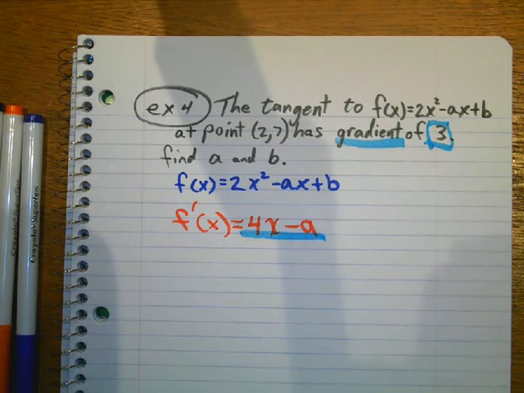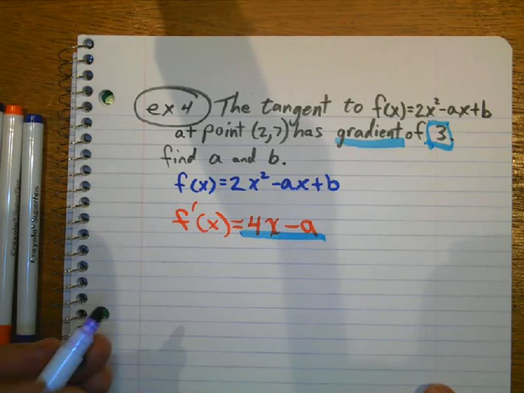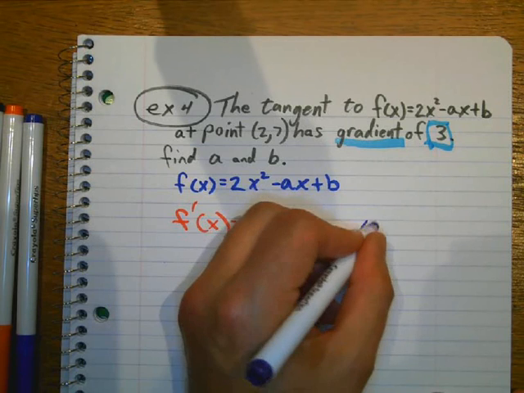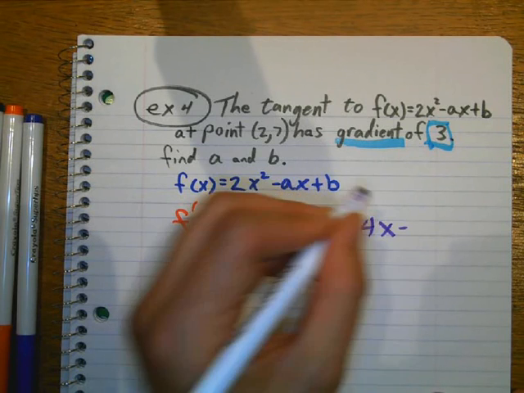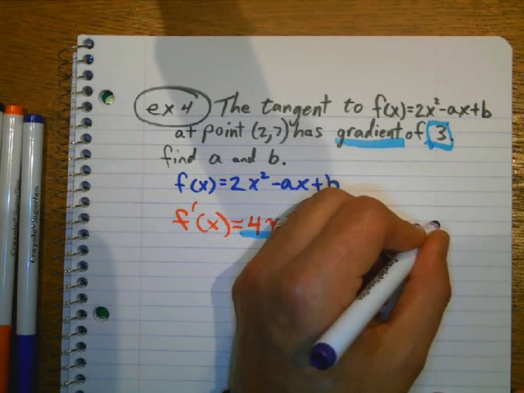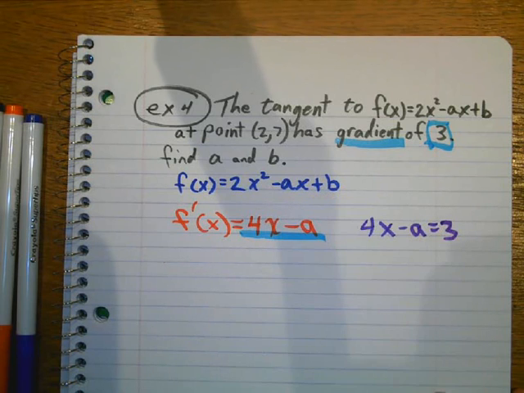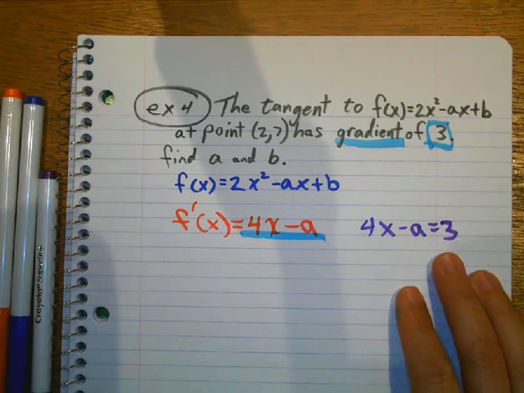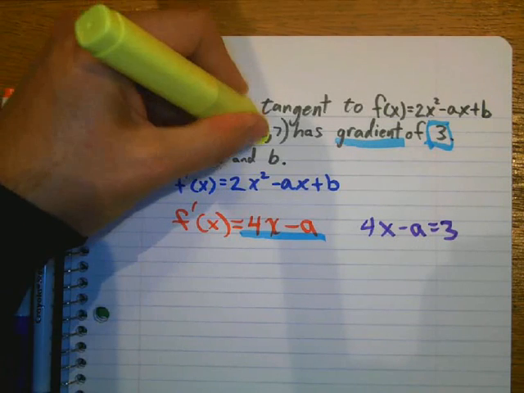So I'm going to say that 4x minus a equals 3, and this is going to be equal to 3 when x equals 2.